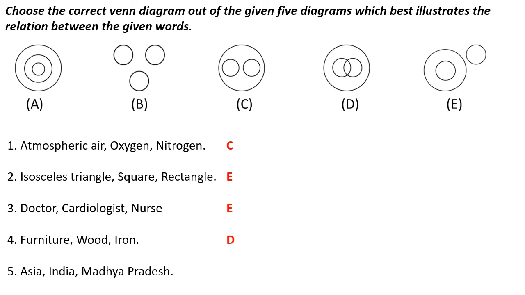The answer is option D. Because when we talk about furniture, they can be made of wood or iron or might be a combination of that. Hence option D. Fifth one, Asia, India, Madhya Pradesh. Well, that is option A.